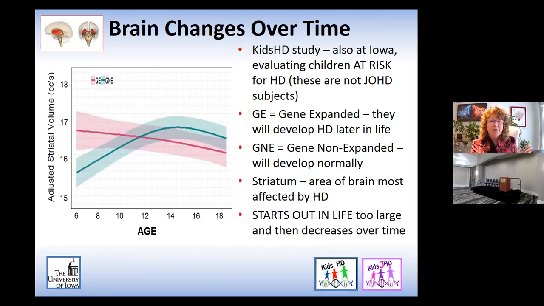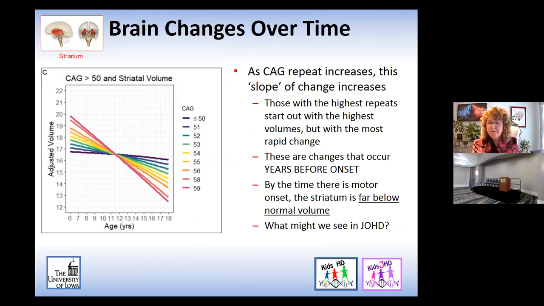So what we think is happening in JoHD, we see that with each repeat, that being too big early on and how steep the slope is of your change depends on your CAG repeat. So slope just means how steep this change is. This is not a very steep change at all. This is a very steep change.